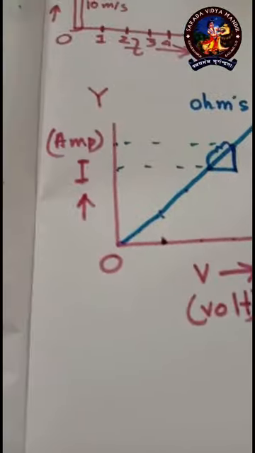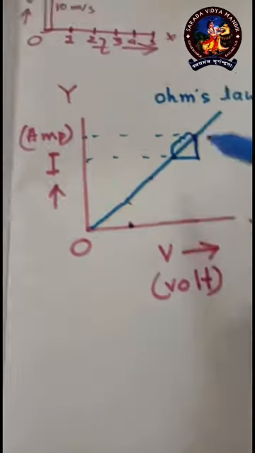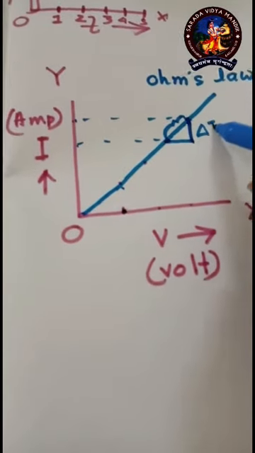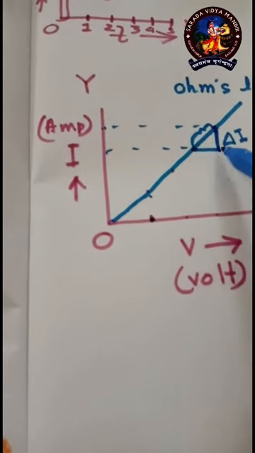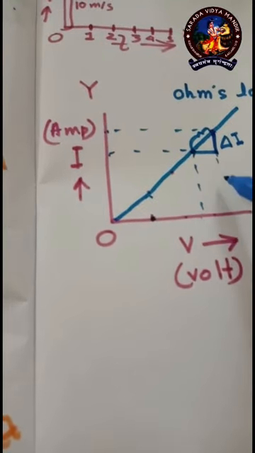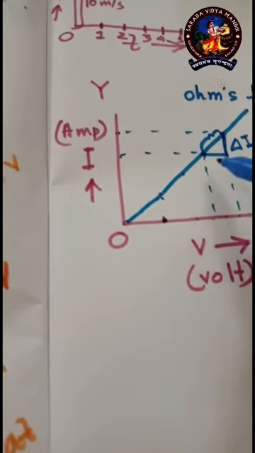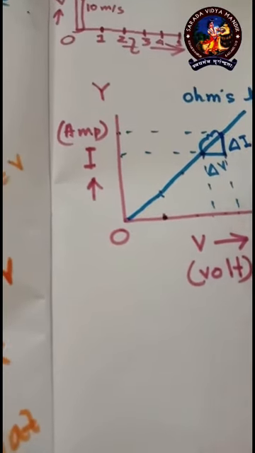This is a very small portion cut from the current axis. So it is representing del I. And what is this? This is a very small portion that is cut from the x-axis, that is voltage. So that is del V.